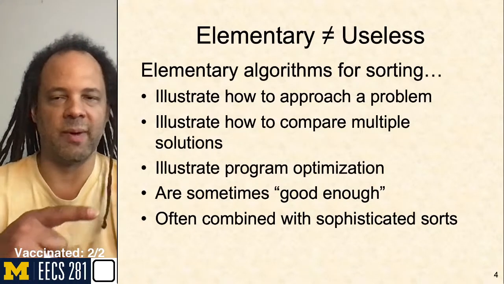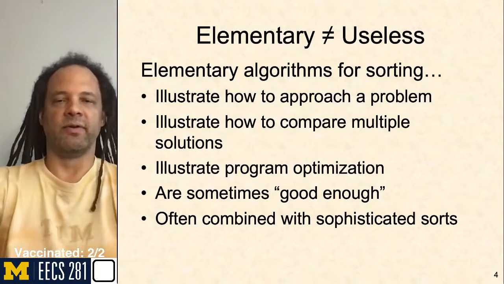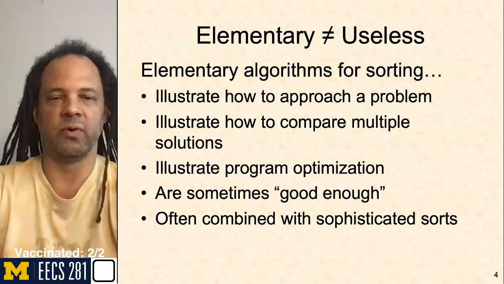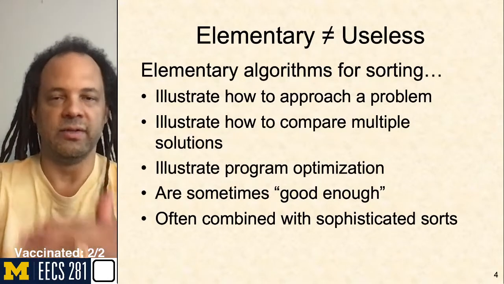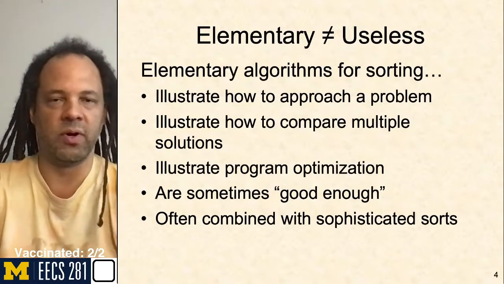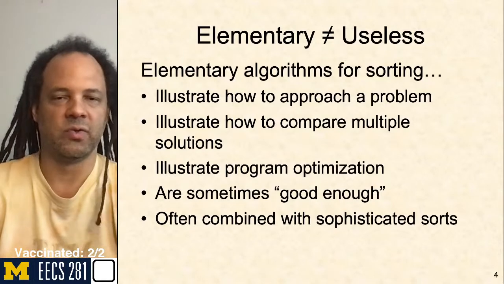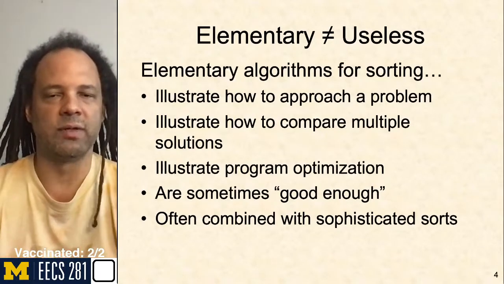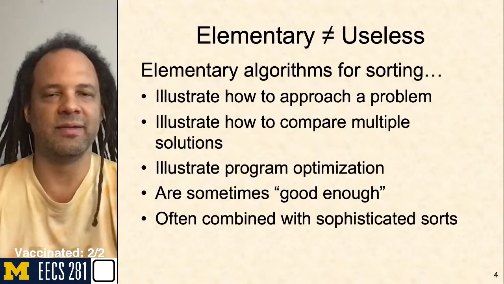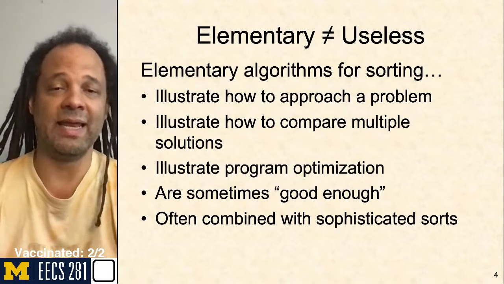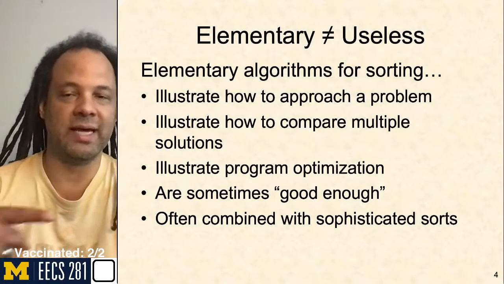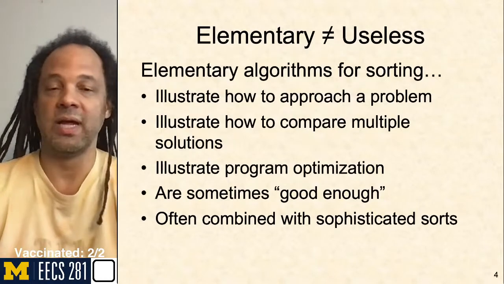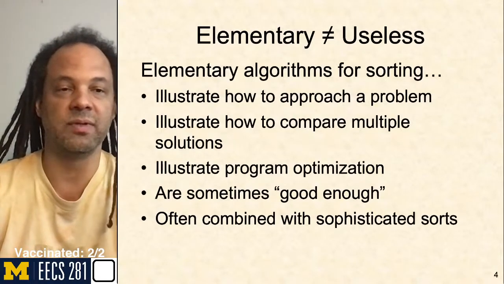And that's why we talk about combining this with other sophisticated sorts. We'll take a look at intro sort, and intro sort is a combination of insertion sort, quick sort, and heap sort. So all of these sorts get worked out together to make this as really fast as it can be. And an intro sort is the standard sort that's used in the STL. So that's why we can say sometimes these elementary sorts are still good enough to be used.